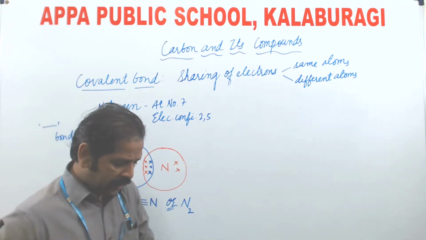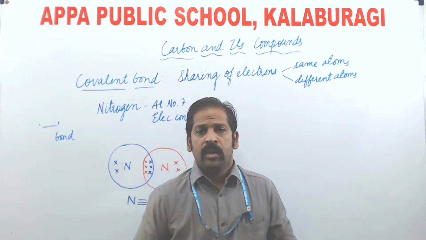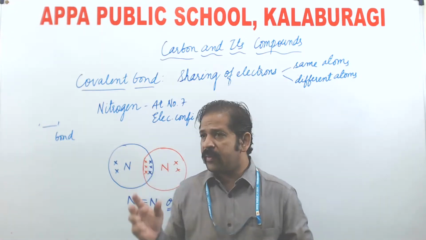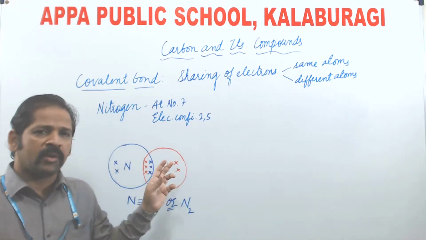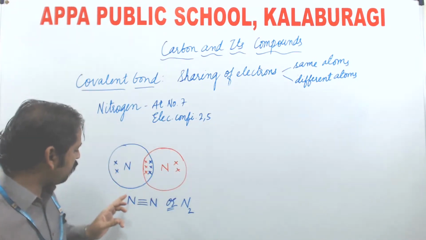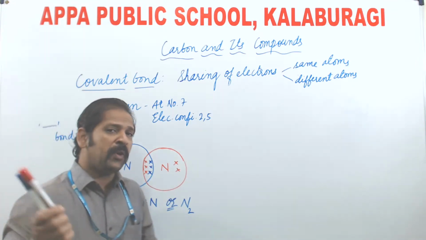Yes, we are having single bond, double bond, triple bond. Tetra bond is a bit different. Single bond is for the hydrogens, a double bond with the oxygen, and a triple bond with the nitrogen. Then P4 and S8.